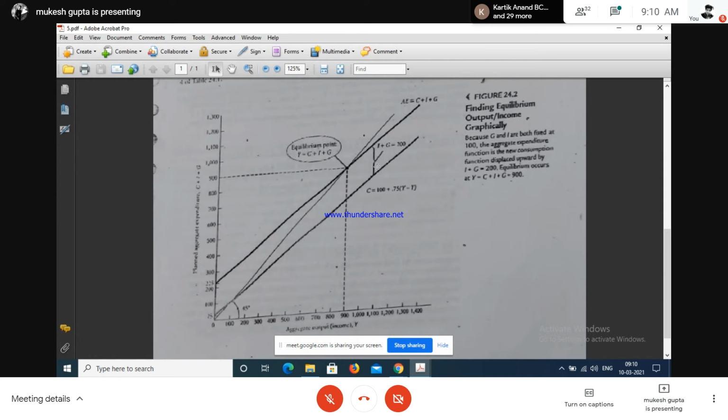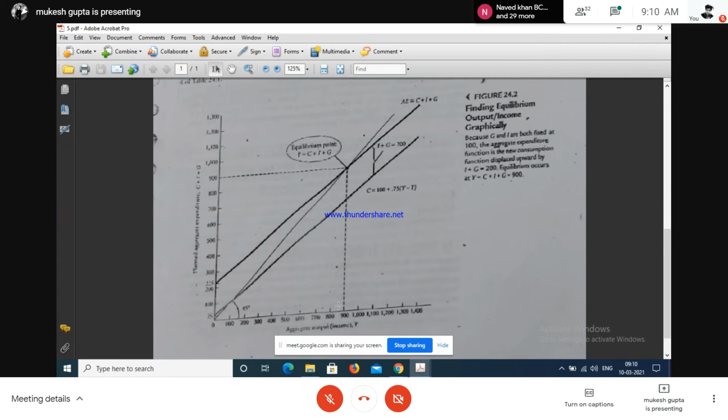So we add 200 here and find the aggregate expenditure line, that is C plus I plus G. Now we can see that this C plus I plus G intersects the 45-degree line at this point, and you know that at every point on the 45-degree line, the distance from the origin to the vertical becomes equal to the distance from the origin to the horizontal.